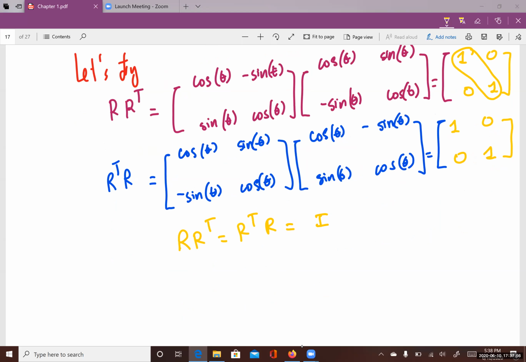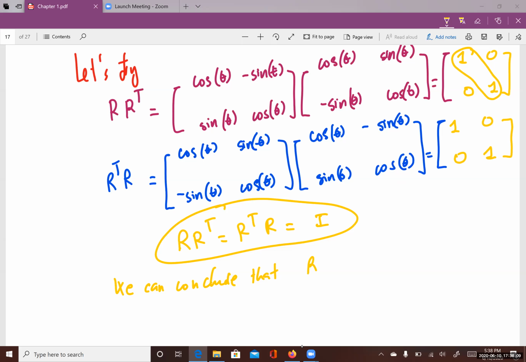So from these statements, we can conclude that R transpose is acting just like the inverse of R, because R times R inverse equals R inverse times R equals I. Okay.